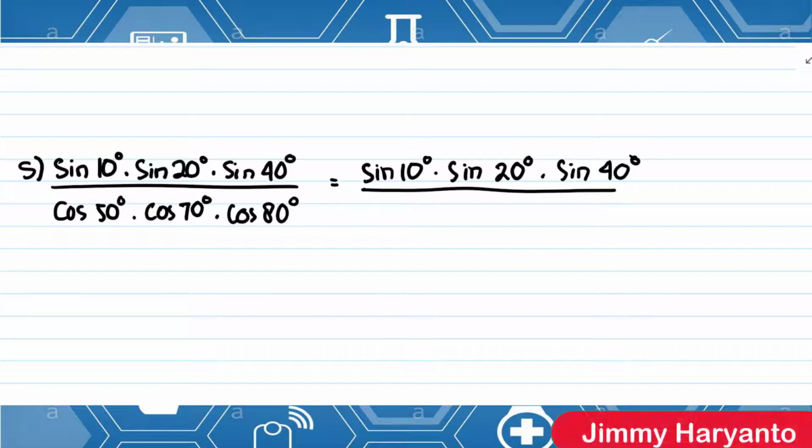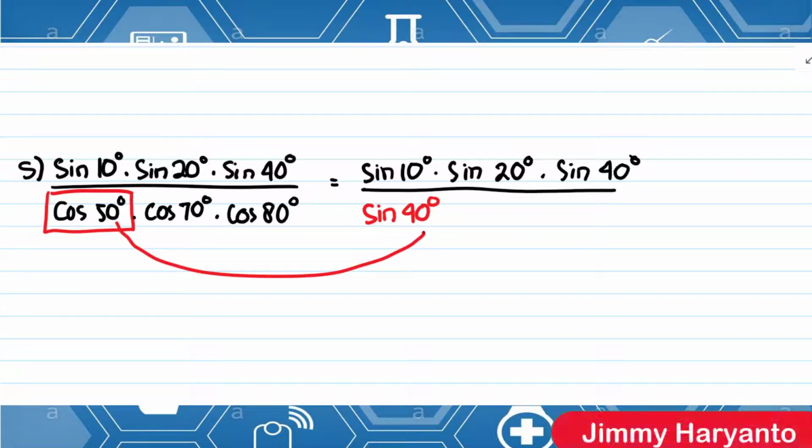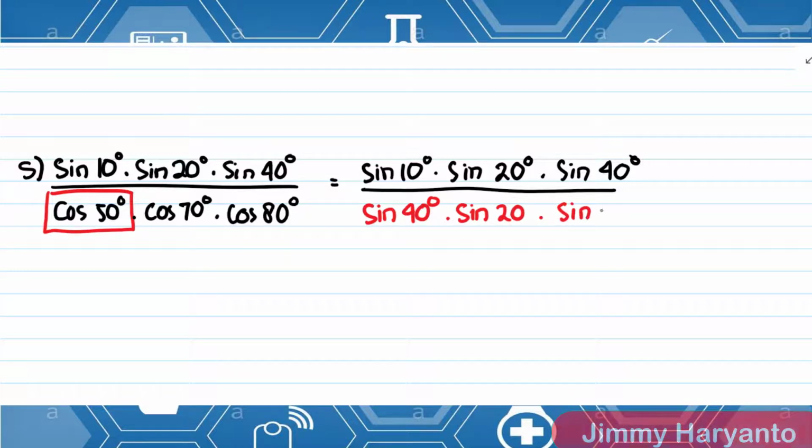So cos 50 will be equal with sine 40, because if I add the angle, it will be 90. Yeah, and then cos 70 will be equal to sine 20, and then for cos 80 it will be equal to sine 10. There you go. And then we can cross out all of them. The result is 1. Easy, right?